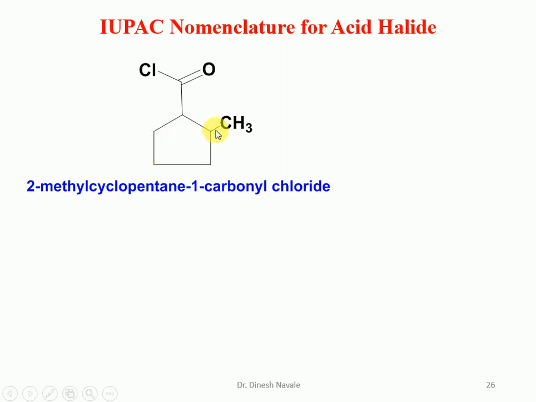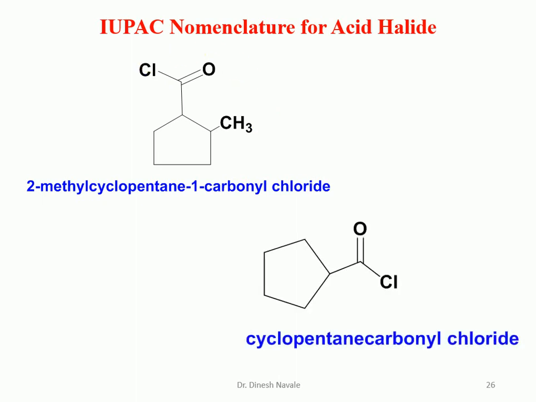So it is going to become 2-methyl cyclopentane carbonyl chloride. So carbonyl halide will be utilized as the suffix for a cyclic ring containing the acid halide. This is again a 5-member ring, so it is going to become cyclopentane and the suffix will be carbonyl halide. So it is cyclopentane carbonyl chloride.